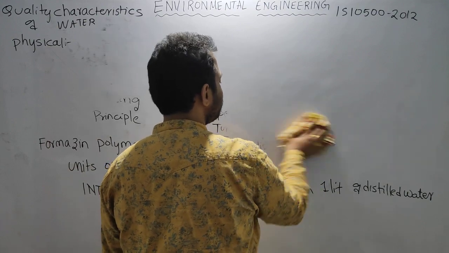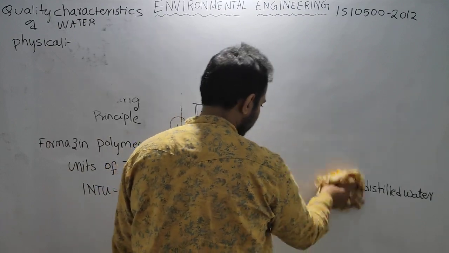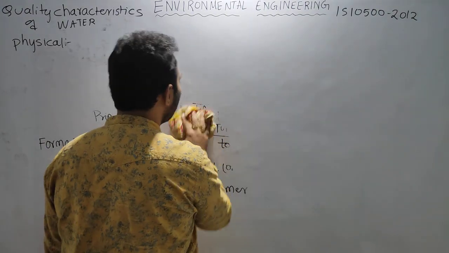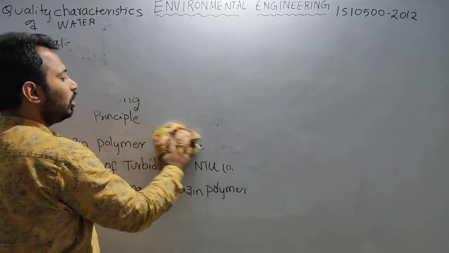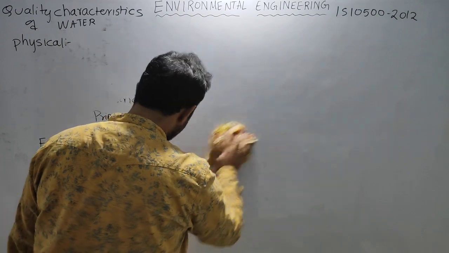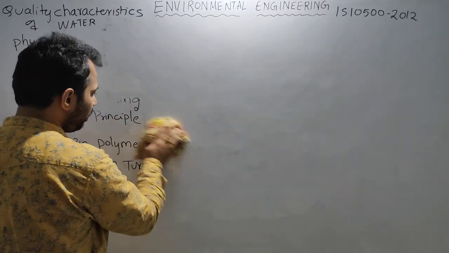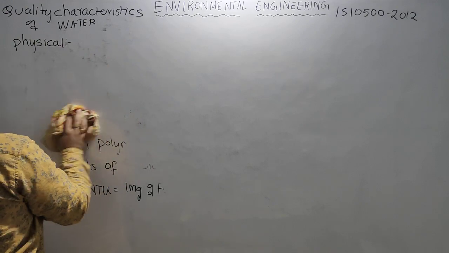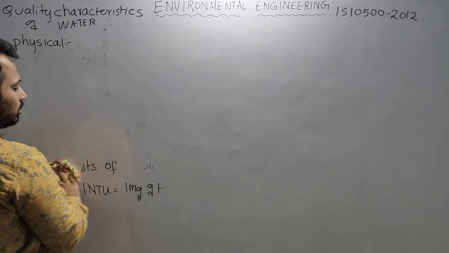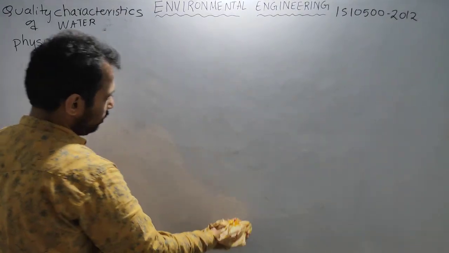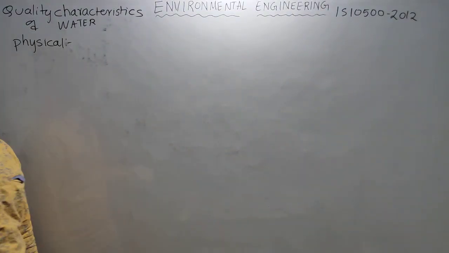Generally color comes because of dissolved impurities, such as iron and manganese. Majorly the water will have color because of two ions, iron and manganese. These are dissolved ions, and these two ions cause a color in the water.